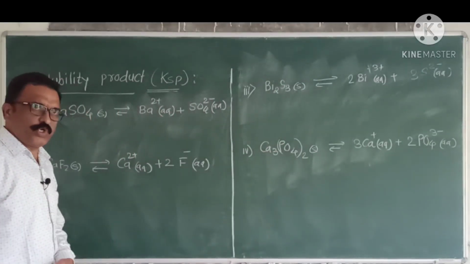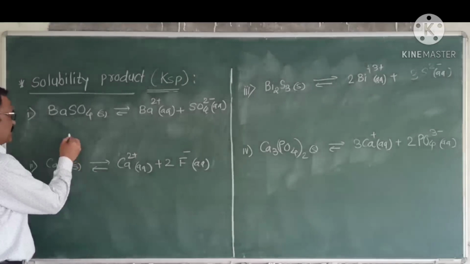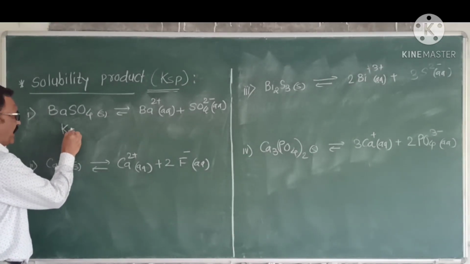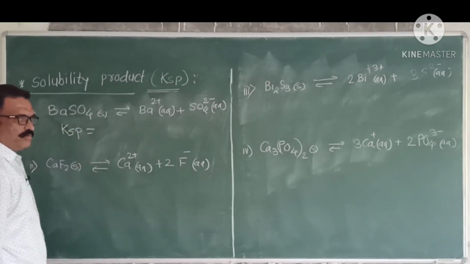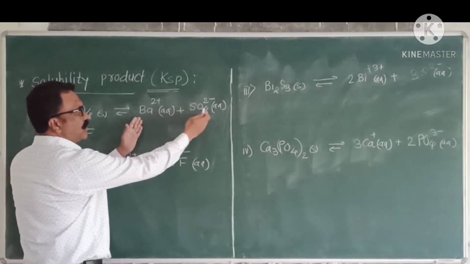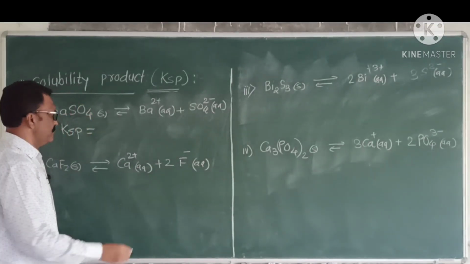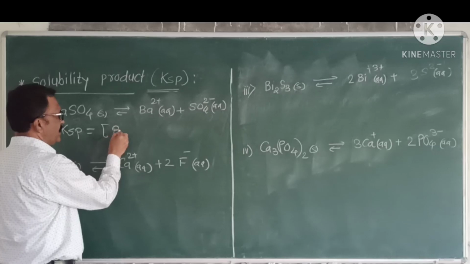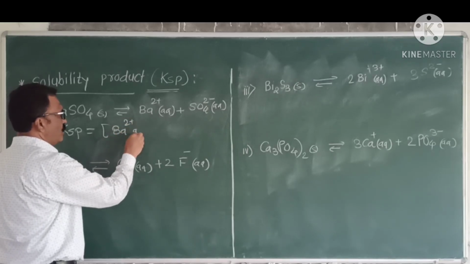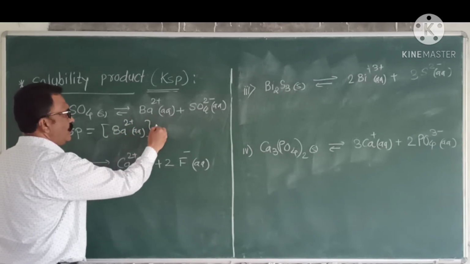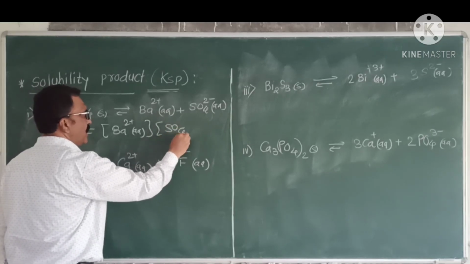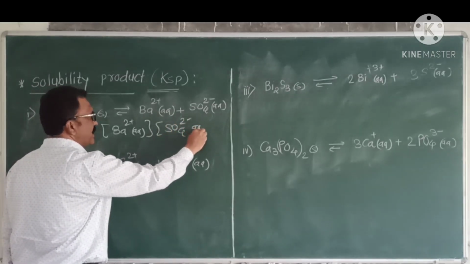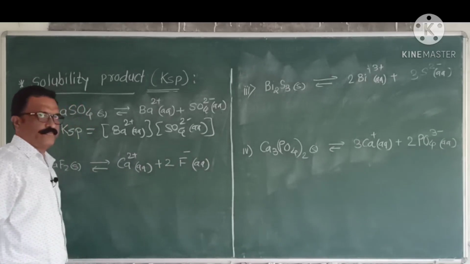Then its solubility product is given by the equation Ksp is equal to the product of the concentrations of these ions, that is the concentration of Ba2 plus into the concentration of SO4 2 minus aqueous ions.